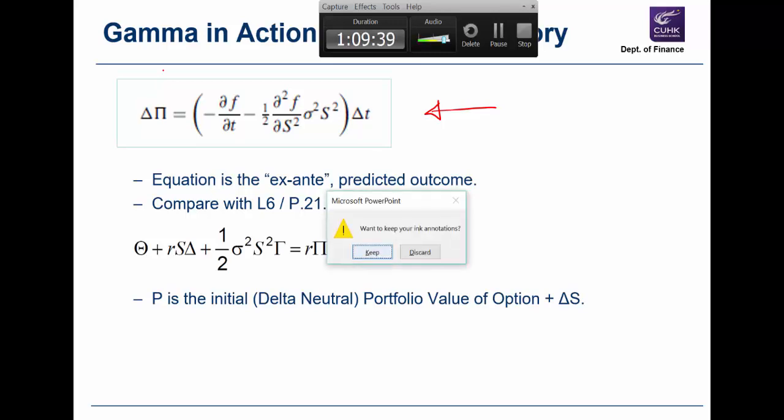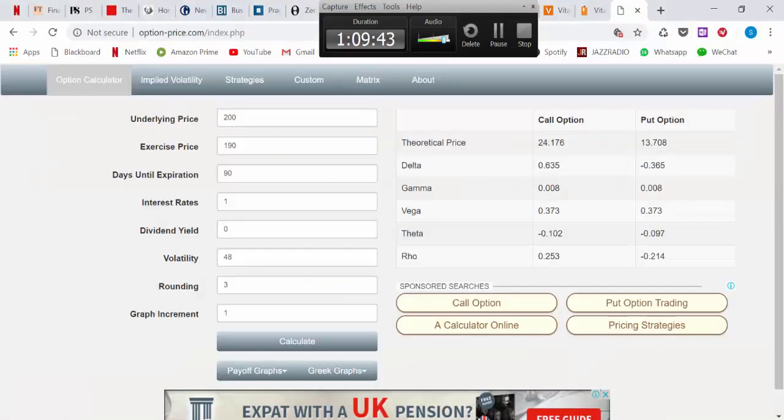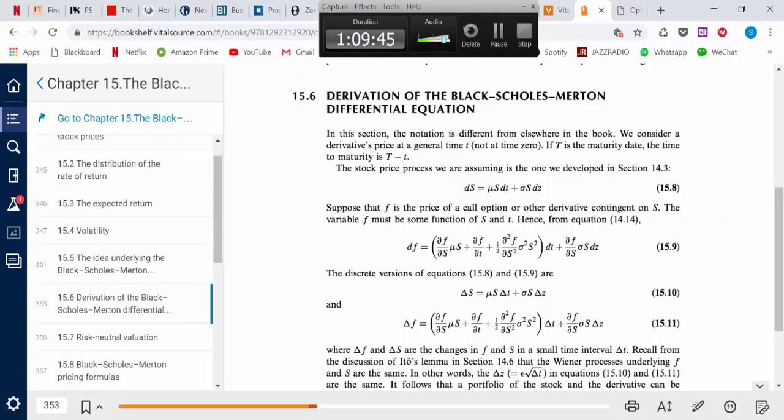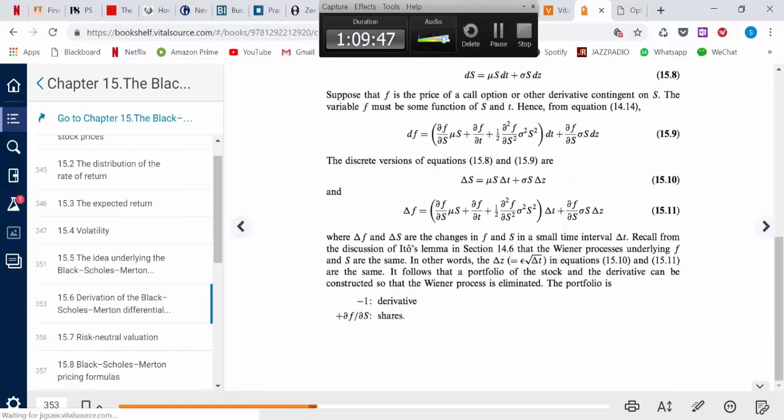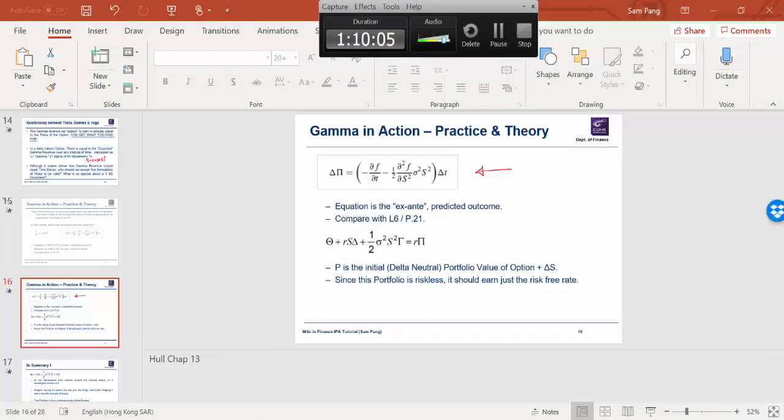If you don't believe me, go to his book, page 354, equation 15.13. I'm just repeating what he has there. This is the notation he used, so it is quite confusing.